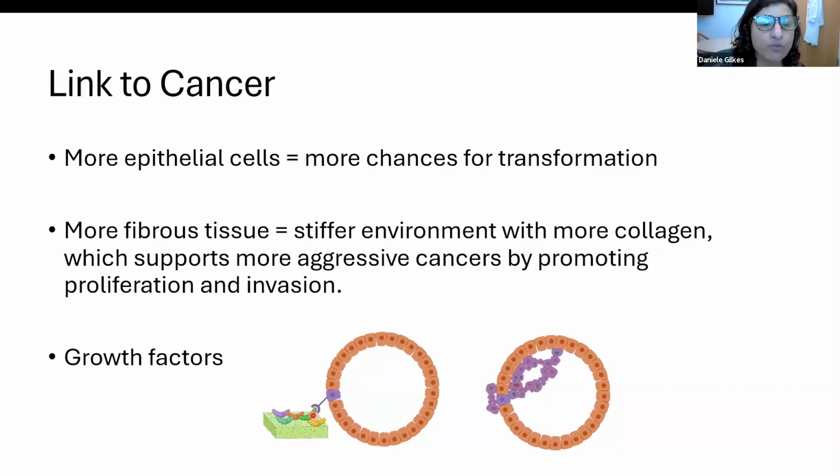And then these growth factors can attach to this fibrous dense tissue and perhaps feed the normal epithelial cells that are generating this duct that would eventually produce milk, and cause these cells to transform and become more like a cancer cell. But again, this requires much more research. And we also know that dense tissue shows increased sensitivity to estrogen and progesterone. So this can also extend hormonal growth signals too.